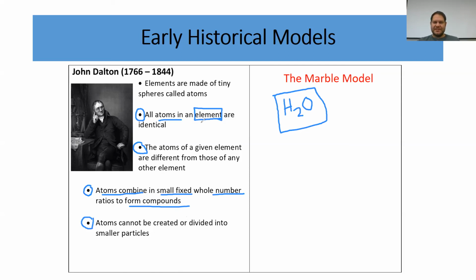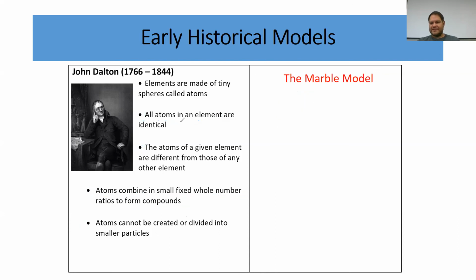So essentially, I think John Dalton overall did a great job for the technology of the times that he had. And all I need you to know is really these statements of John Dalton for the test, and understand which ones he's got right and which ones he did not.